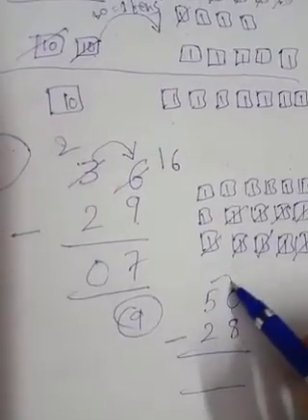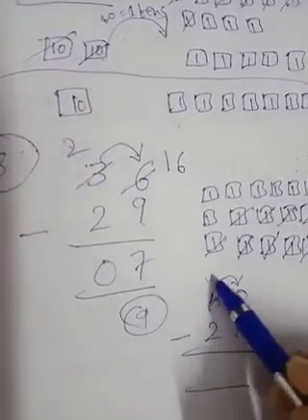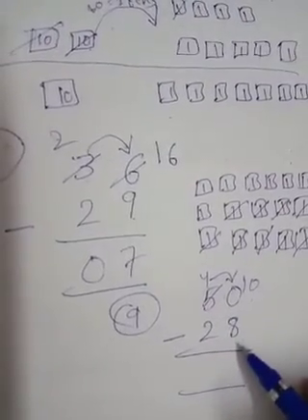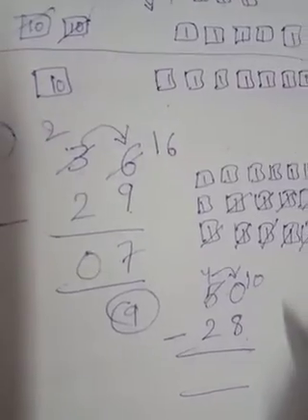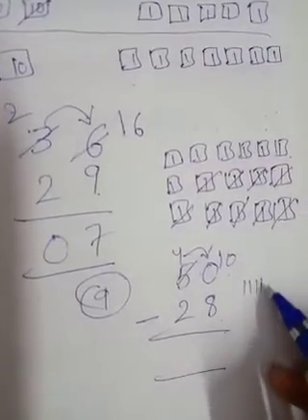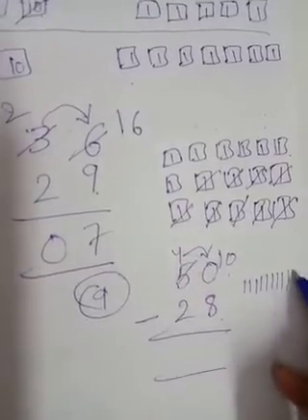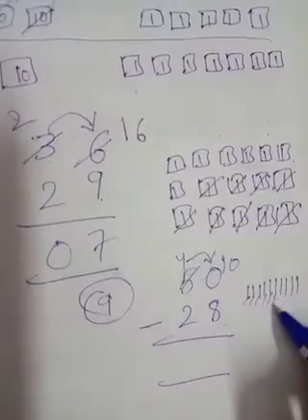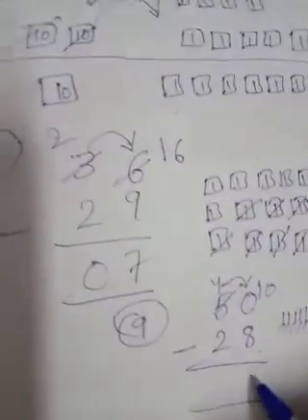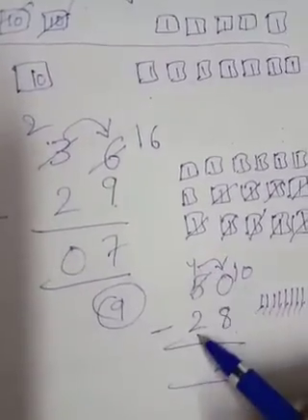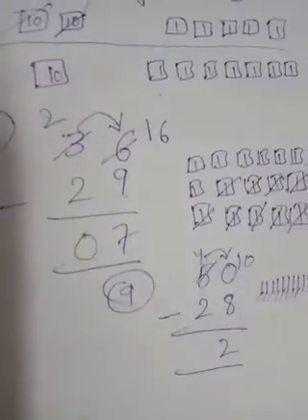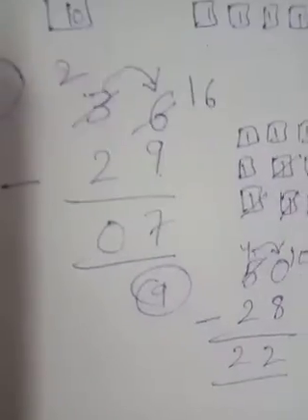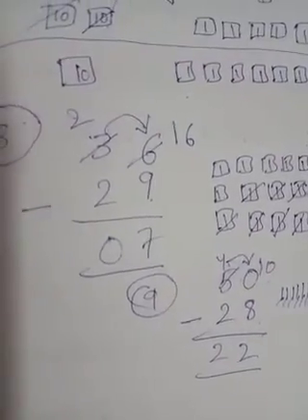So here we take borrow. 0 becomes 10. 10 minus 8, how much? 1, 2, 3, up to 10. Cut 8 from 10: 1, 2, 3, 4, 5, 6, 7, 8. So remaining 2. 4 minus 2, how much? 2. So 50 minus 28 equals 22.